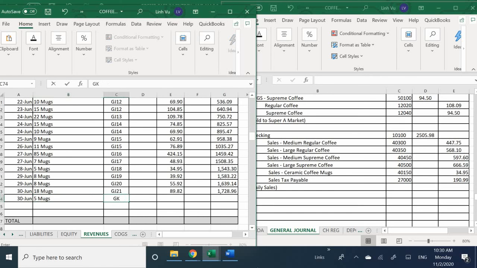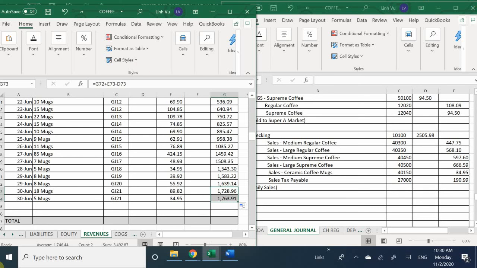Okay, general journal 21. And we sold it for 34.95. So what's my new grand total if I started with 1,728.96? 1,763.91. 1,763.91. Good job. All right.